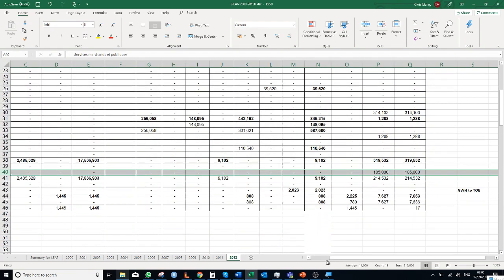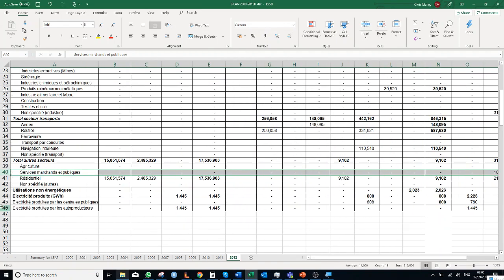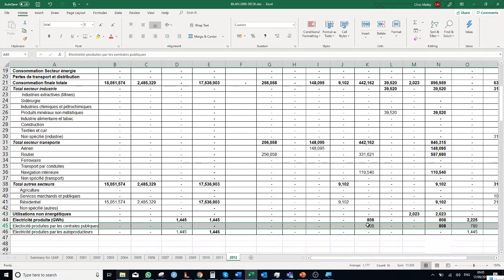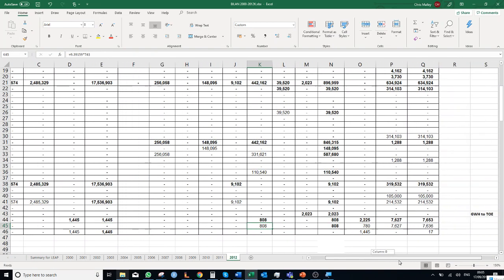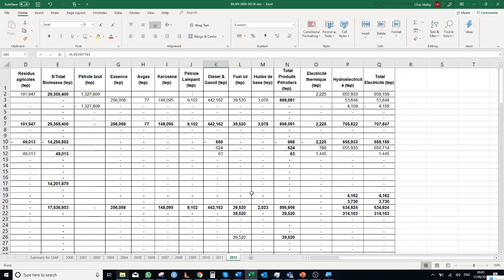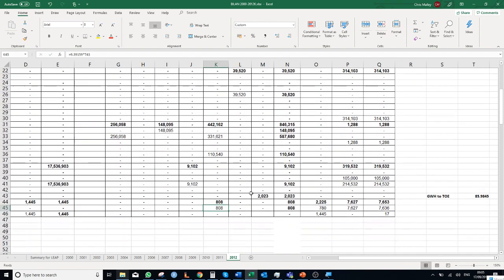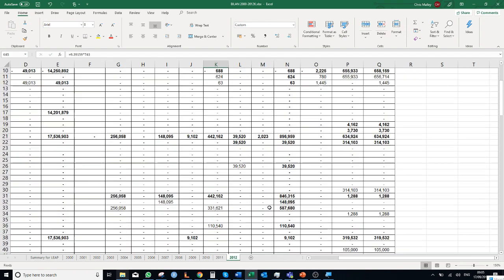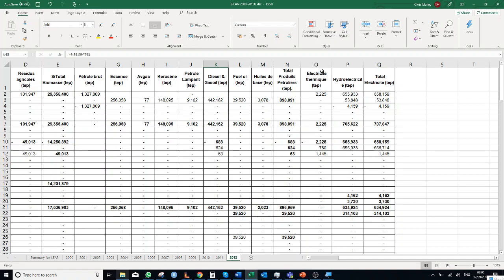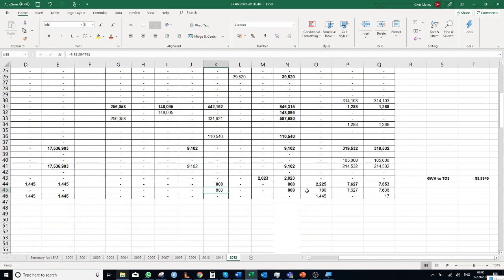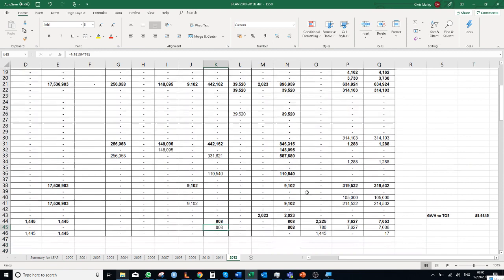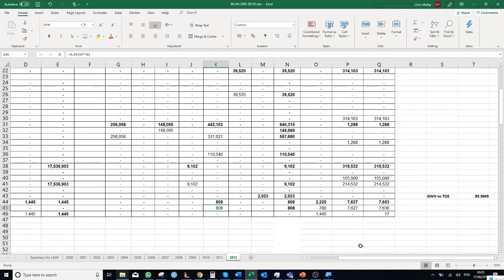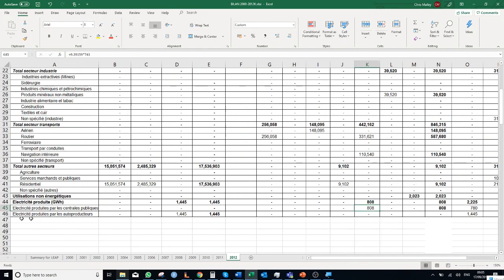When we get to later years, we get something that looks more reasonable. So if I look at my electricity production, and I look at diesel and gas oil, I have 808 tons of oil equivalent consumed, and an electricity production that is lower than that, so the efficiency is less than 100%.